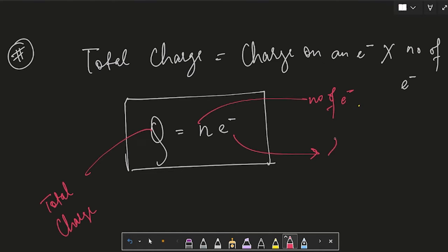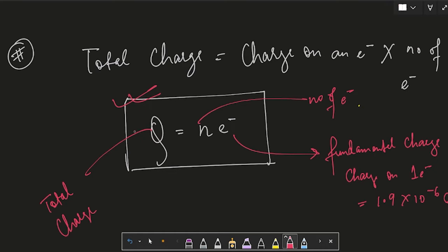And the fundamental charge, we already know, is the charge on one electron, which is 1.9 into 10 to the power minus 16 coulomb. This is the first formula, which is very important for you to remember for the next part of the chapter.